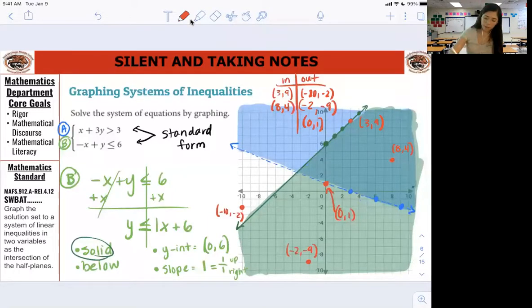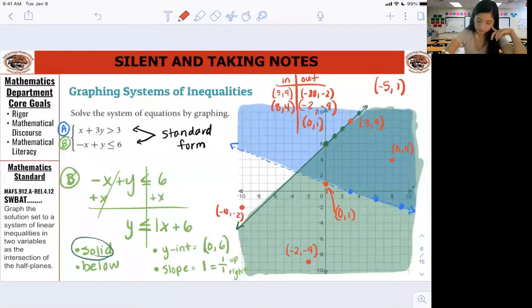Okay, I have one more for you guys. You tell me, is this one in or is it out? (-5, 1), in or out? In, okay. Where is it located?